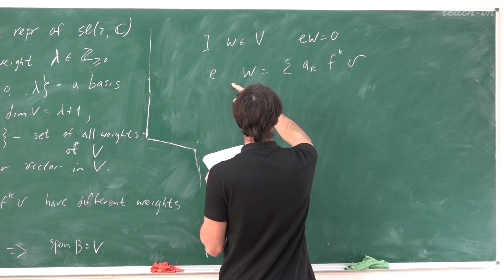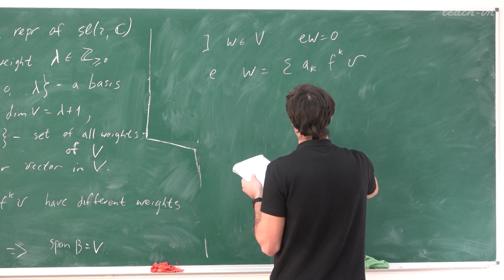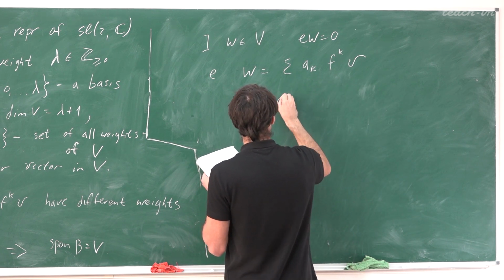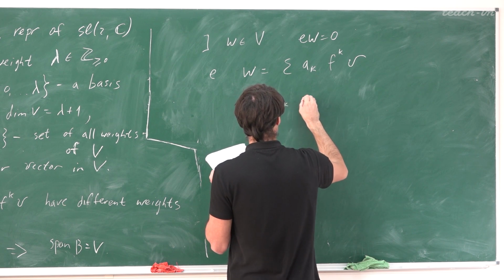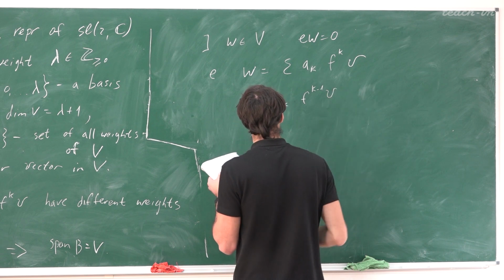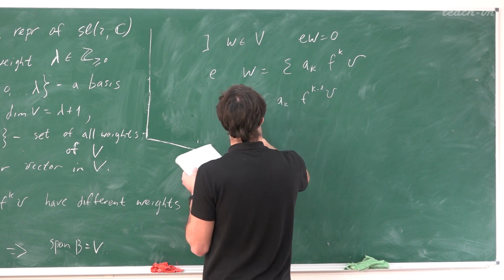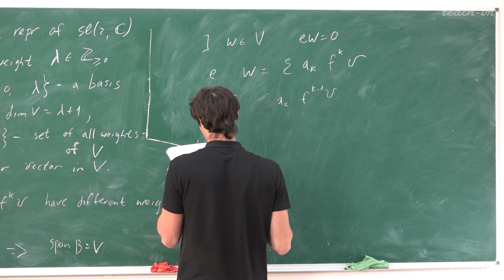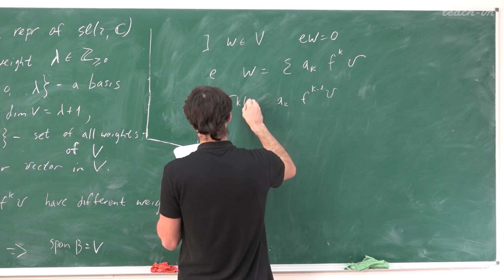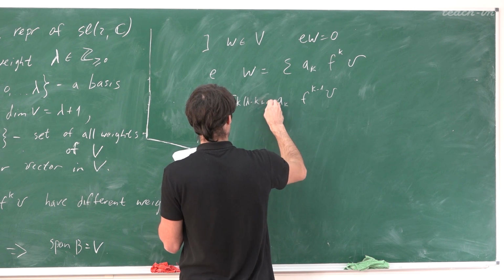This side becomes 0, and here I will have some a_k and then f^(k-1) v, times something. I guess this is k(lambda minus k plus 1).